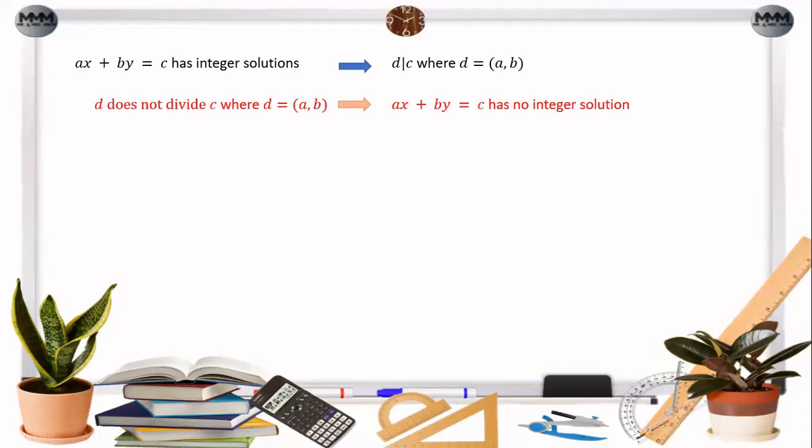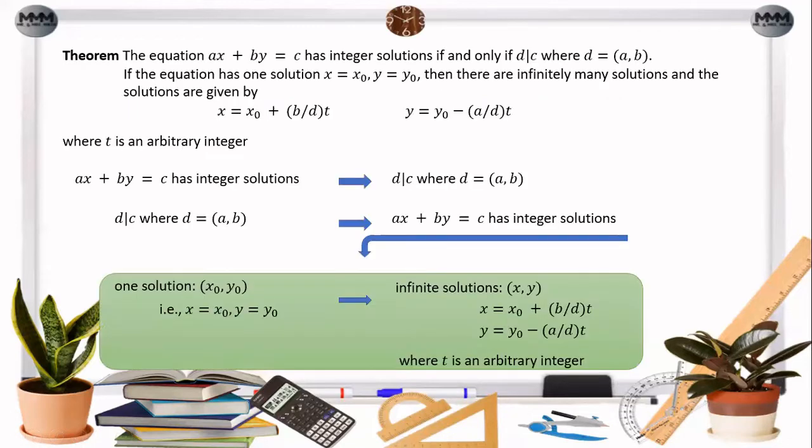So that's what we are going to look into later on, in which, given our linear Diophantine equation ax plus by equals c, we will be looking into whether d divides c or d does not divide c. Follow? If d divides c, we can say that our linear Diophantine equation has an integer solution, as this theorem is saying.